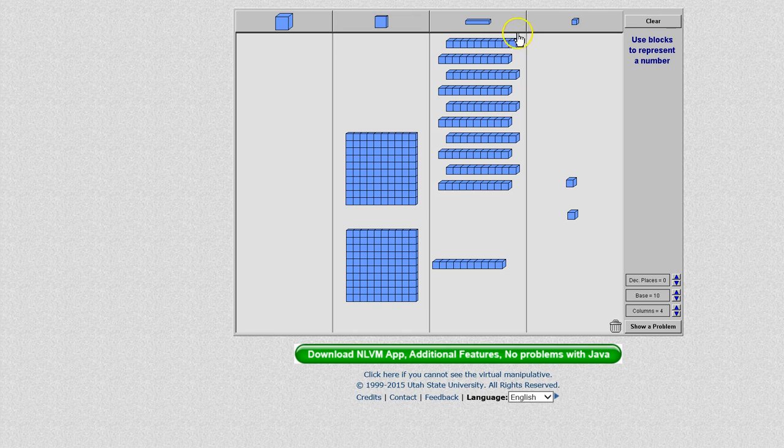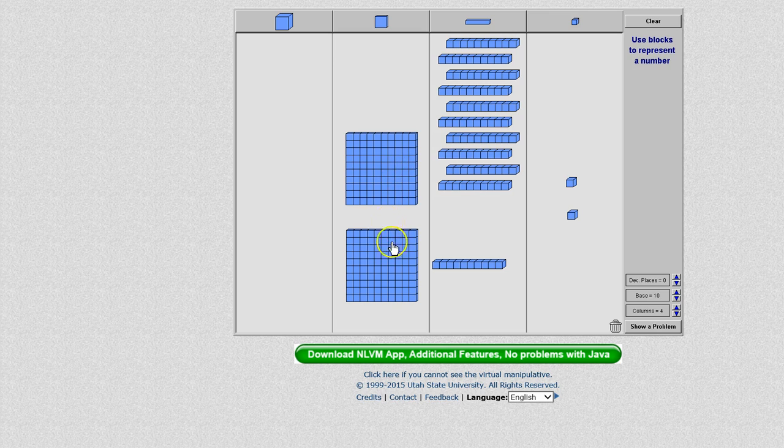Notice we didn't change the value. You both still have $312, but this is an equivalent way of representing 312. And notice it uses more blocks, so it's not the least number of blocks like we talked about before, but it is in fact equivalent.